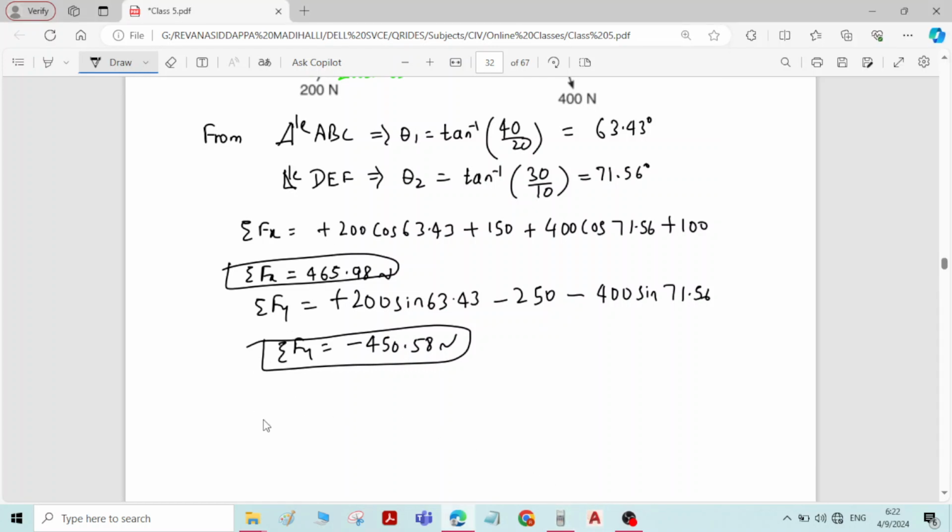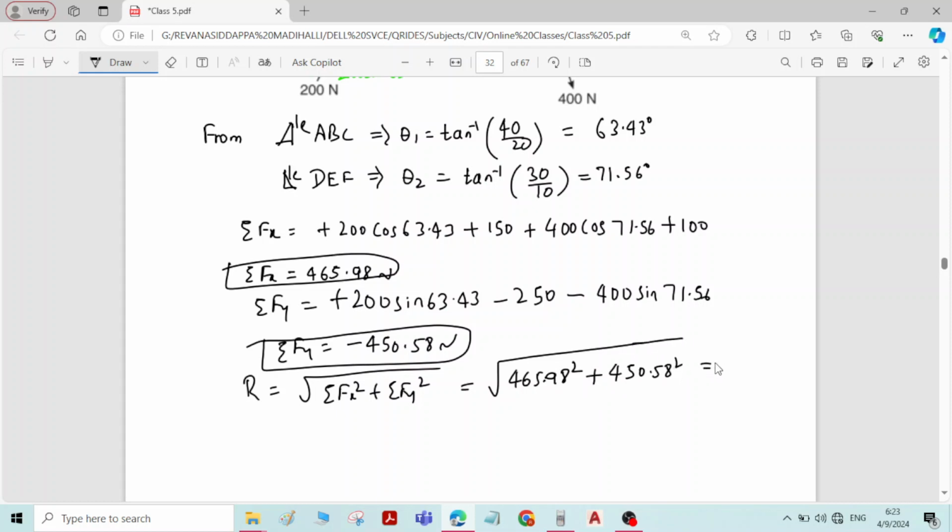Now resultant force R is equal to root of sigma Fx square plus sigma Fy square, which is equal to root of 465.98 square plus 450.58 square. I will not take the negative sign, because when you square it, minus into minus is plus.